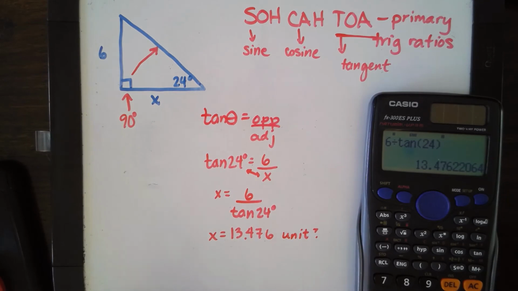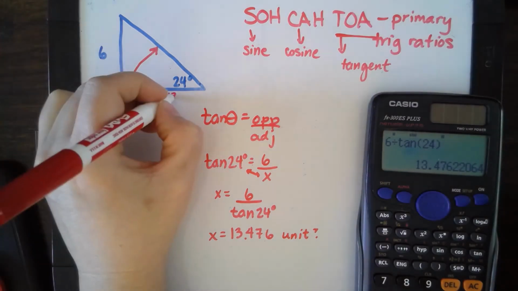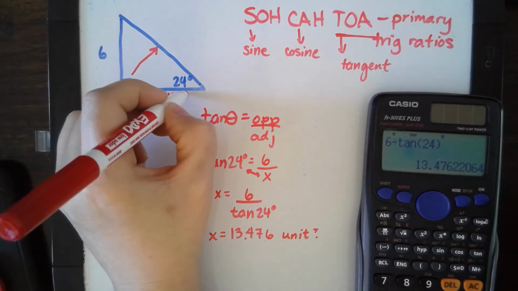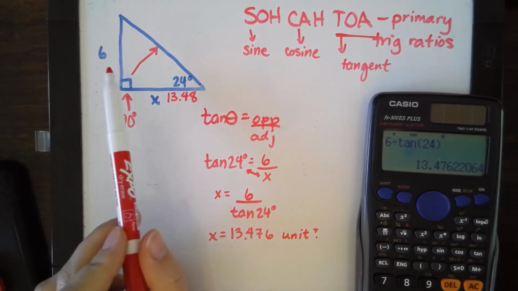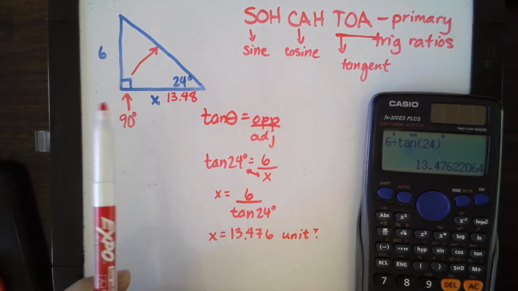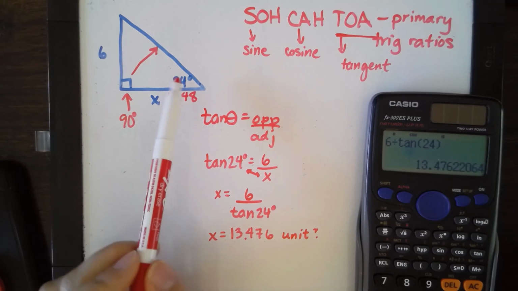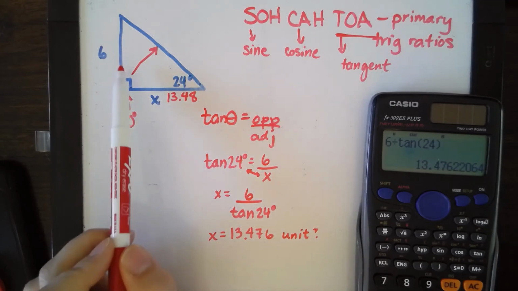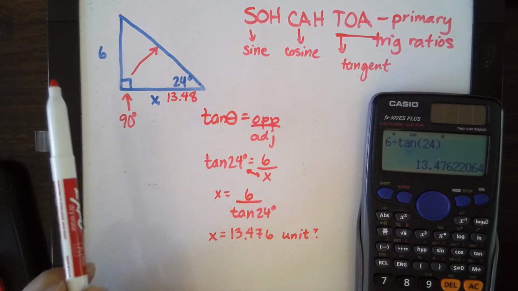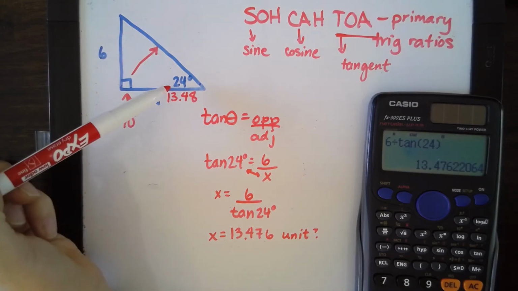Is 13.48 a reasonable number compared to this 6? Well, remember that the smaller the angle, the smaller the side length opposite it is. So this is 24 degrees.